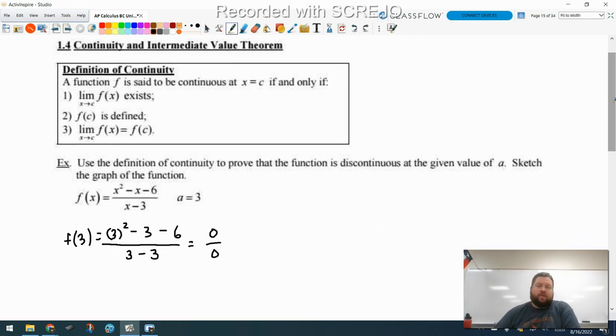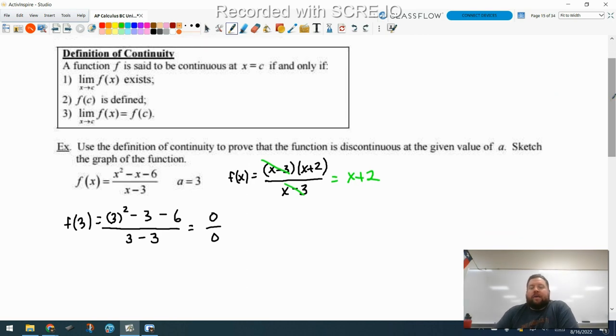All right, so we know from doing limit problems that that's a problem. What happens here is that this factors, so f of x is equal to x minus 3 times x plus 2 over x minus 3. The x minus 3's cancel, and you're left with x plus 2.